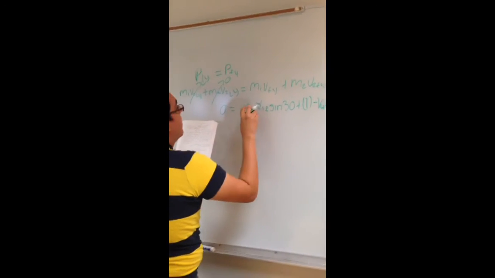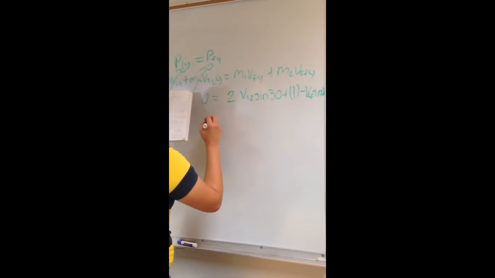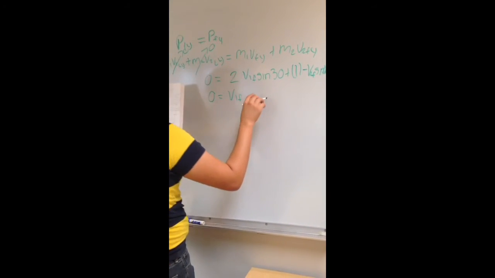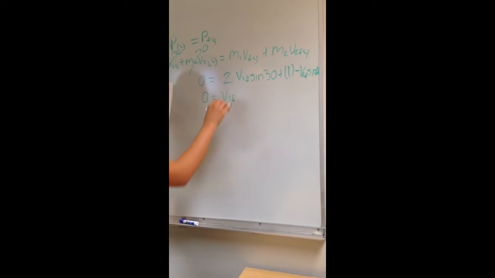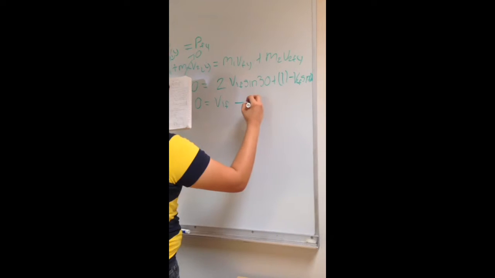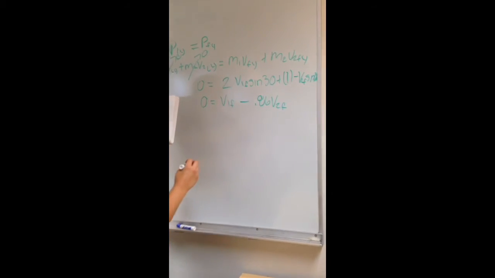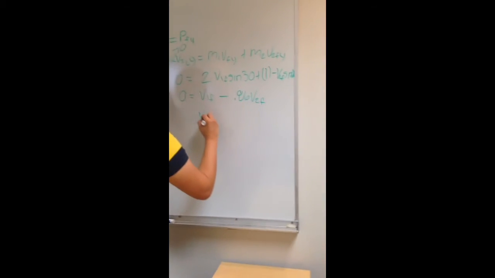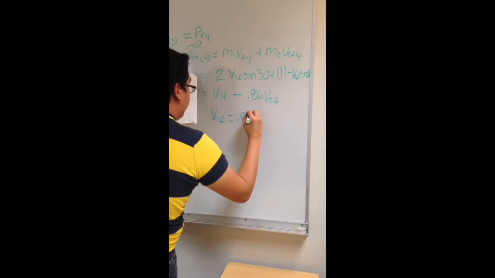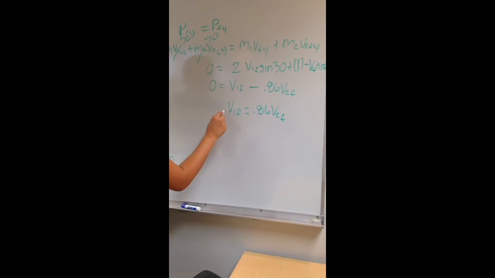If we solve for this, M1 is 2. We would have 0 equals V1F, because sine of 30 is half, and times 2, that's 1, minus, and the sine of 60 is 0.86 V2F. So we solve for V1F, and V1F is equal to 0.86 V2F.